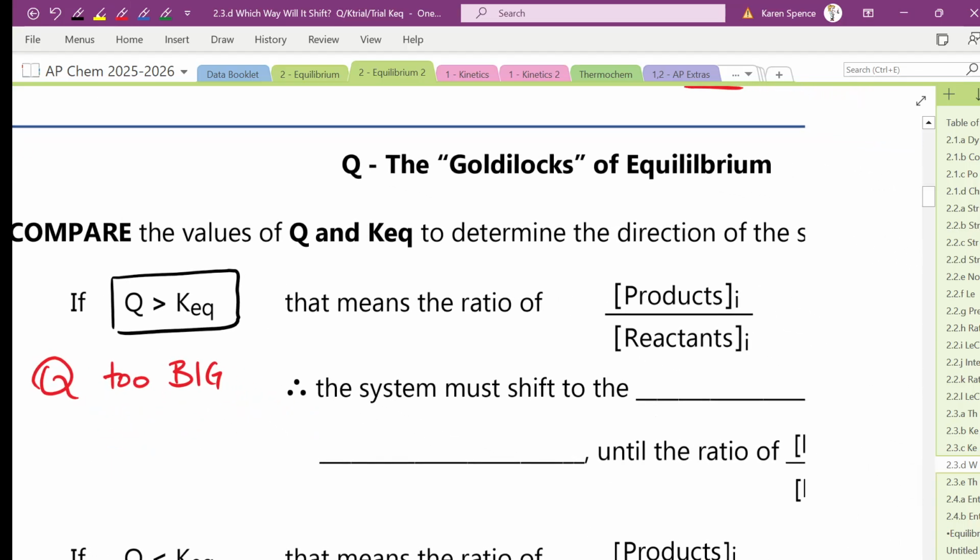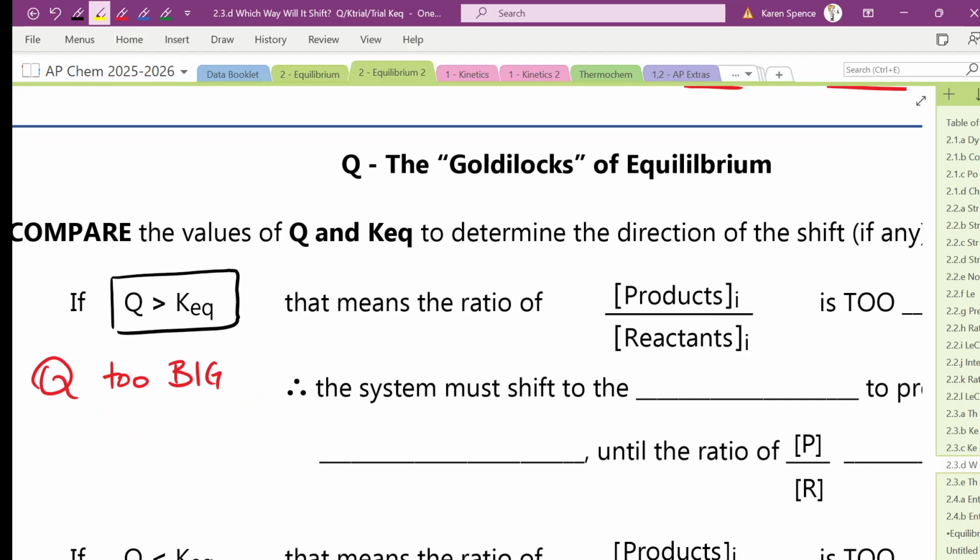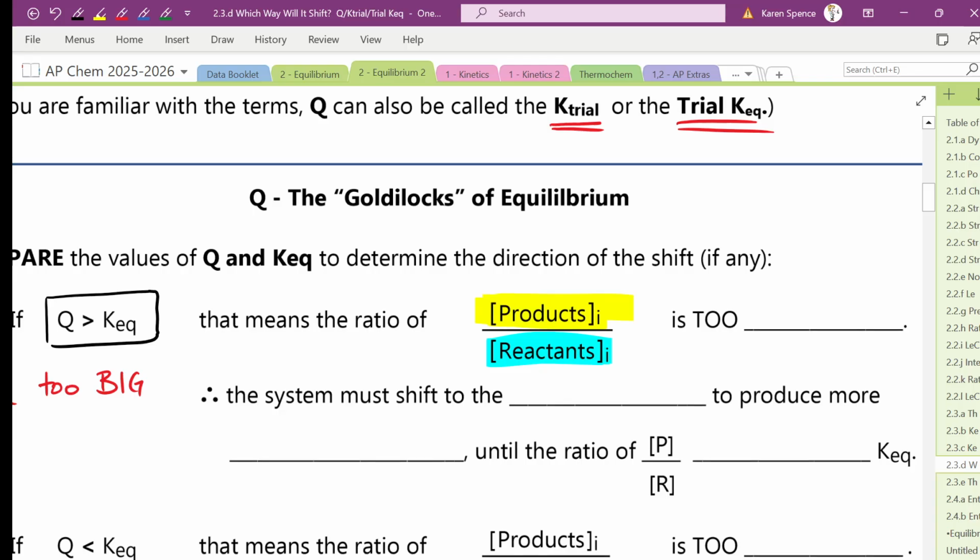And what is Q? Q is the product over the reactants. And if Q is too big, what do we have too much of? We have too much product. So Q is too big. So in other words, we have too much product.